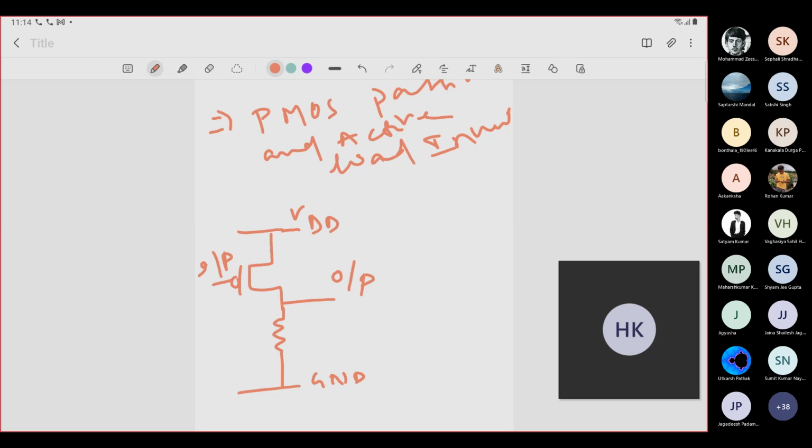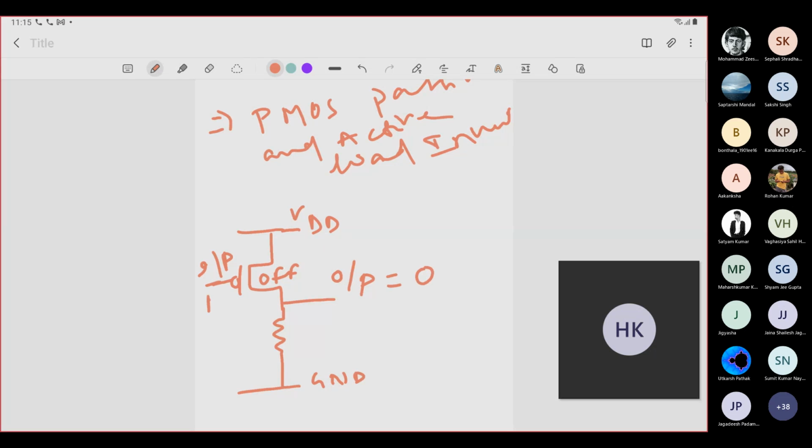What will happen here: if you have a logic 1, PMOS is generally off. Here we are treating NMOS and PMOS as switches. So if the input is 1, the PMOS will go off, the output will be tied to the ground, and you will get a 0.